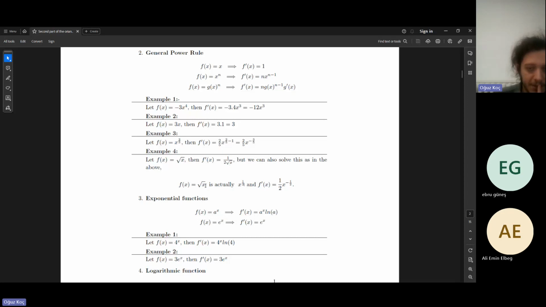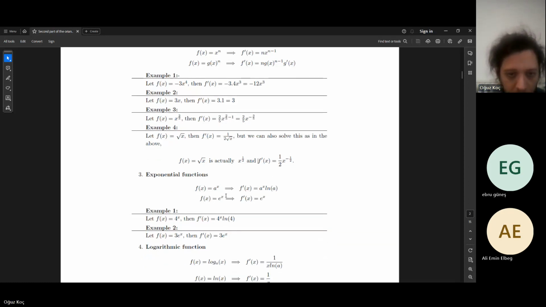Square root of x is actually equal to the 1/2 power of x, and then we can obtain the derivative of f of x by multiplying by 1/2, which is the power of x, and then we reduce the power by 1, and then we get 1/2 times the minus 1/2 power of x.